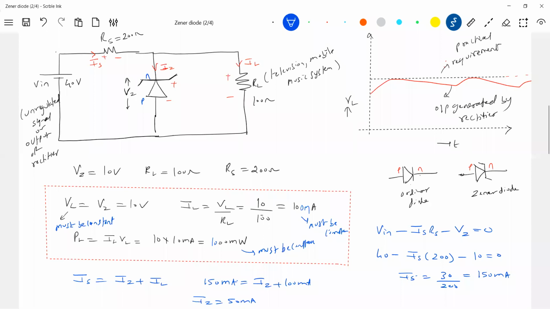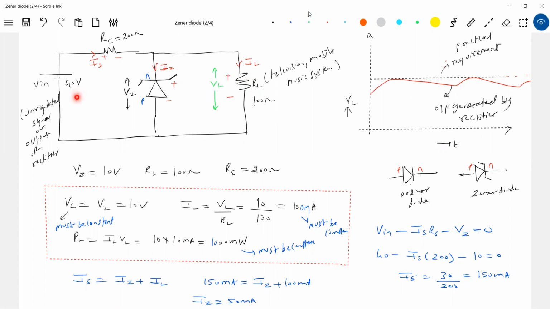So therefore now there's the initial condition. Now by chance, what happens if this Vin becomes 45 volt? Still, the power, the current through the load and the drop across the load must remain constant. Will I agree?